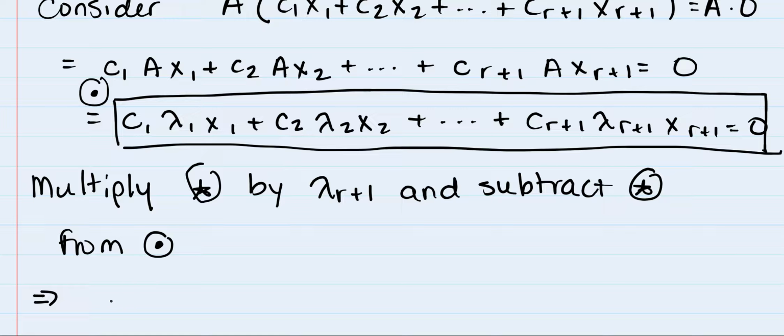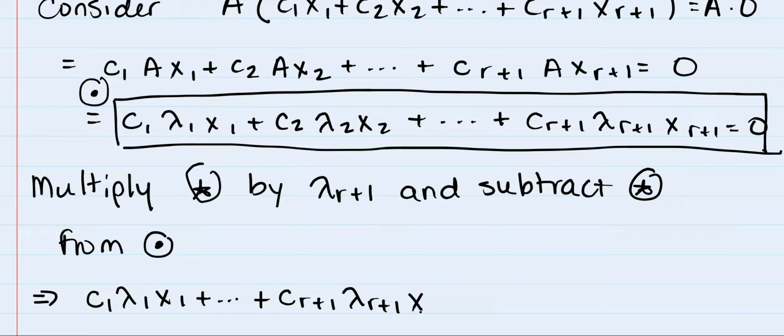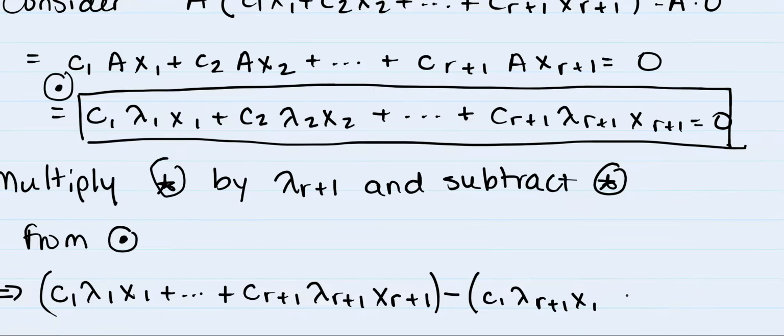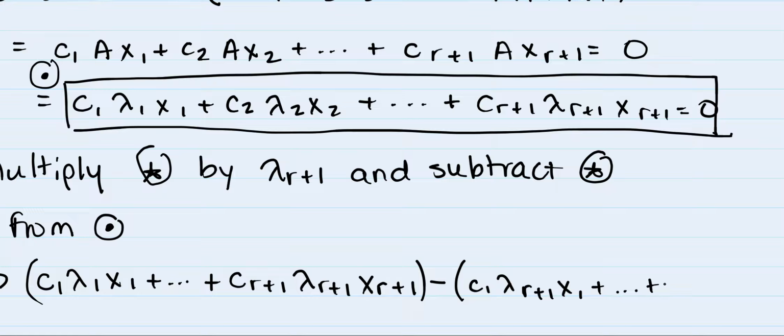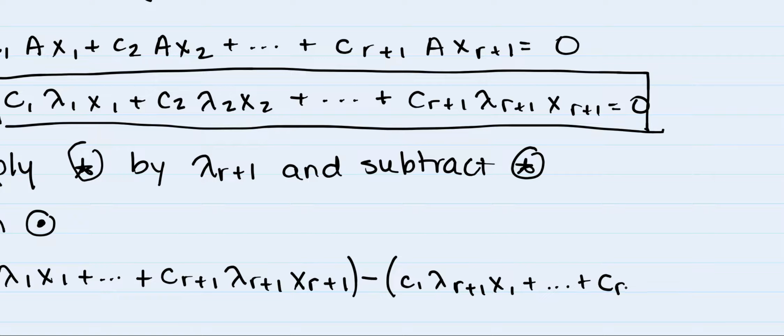So in other words, we're going to have c1 lambda 1 x1 plus all the way to cr plus 1 lambda r plus 1 xr plus 1, subtract c1 lambda r plus 1 x1 plus all the way to cr plus 1 lambda r plus 1 xr plus 1.